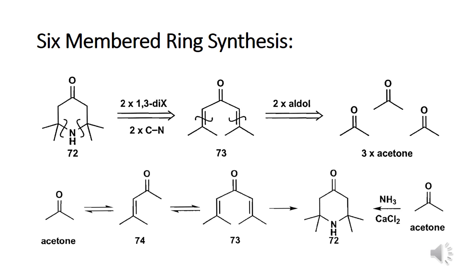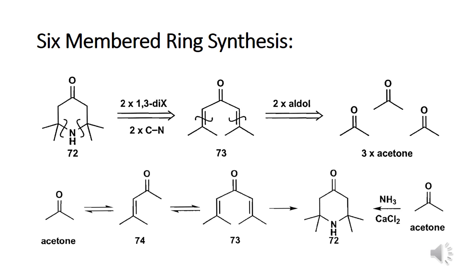A drastic demonstration of the advantages of intramolecular reactions comes in the synthesis of tetramethyl piperidone, that is structure 72. Removal of the nitrogen with conjugate addition of ammonia to the dienone, that is 73, opens the possibility of a double aldol disconnection to reveal three molecules of acetone.